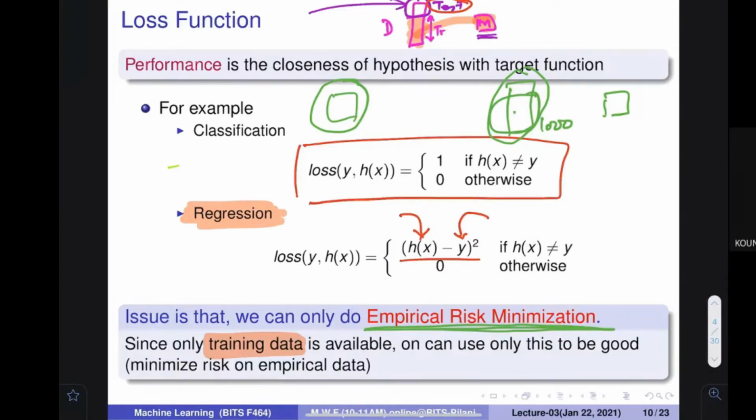Any questions here? So that's why whenever we train our model, the technical term is that we are going to minimize the empirical risk. Risk and loss are the same thing, just a different name for it. So you want to reduce the empirical risk.